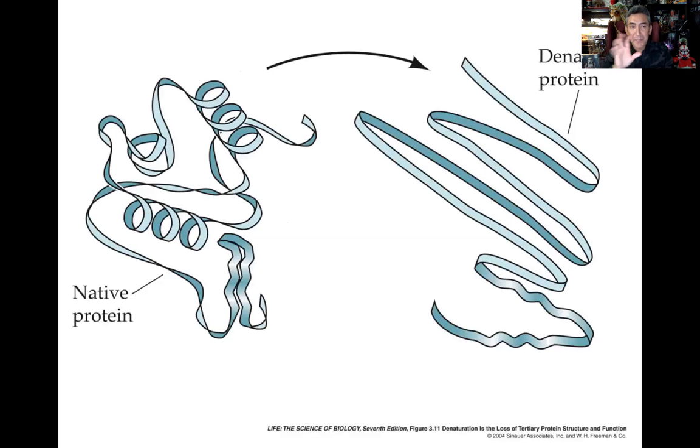So this picture, I think, is a really good illustration of denaturation. This ribbon represents the amino acid chain. And it's got our secondary, alpha helices there. And this is normal, right? This is how that protein should have configured.